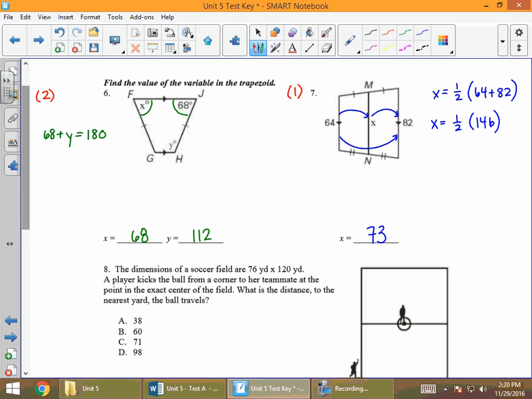This is, I added 18. So then just add 9 apiece. So I could do plus 9 and plus 9. So I could do 64 plus 9 is 73, or 82 minus 9 is also 73. So a couple of different ways that you can do number 7.